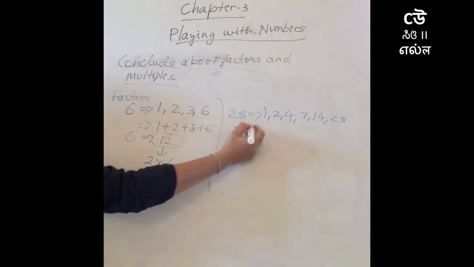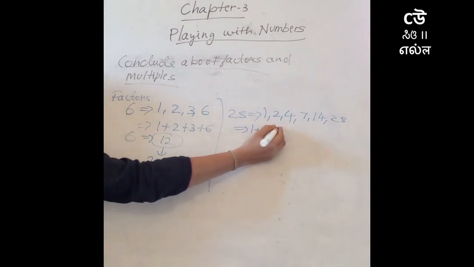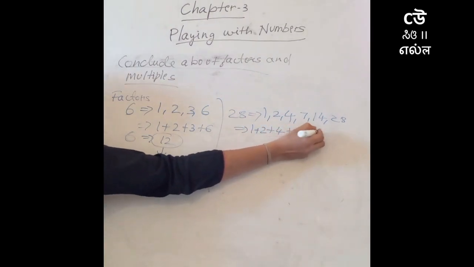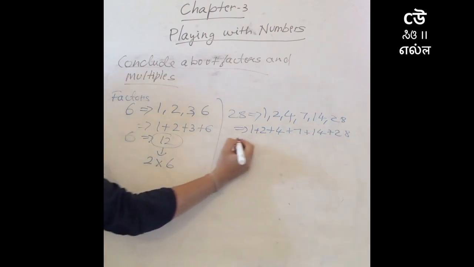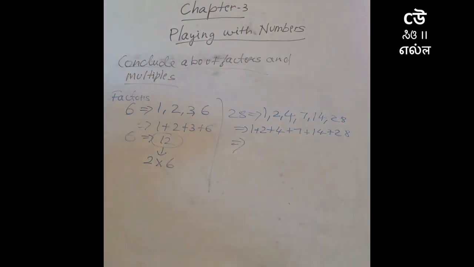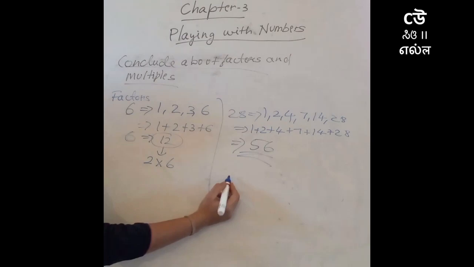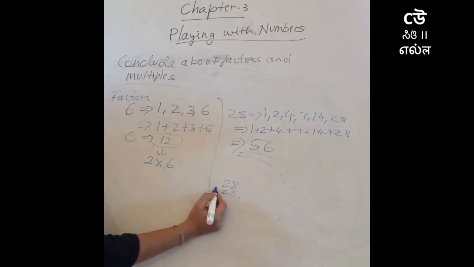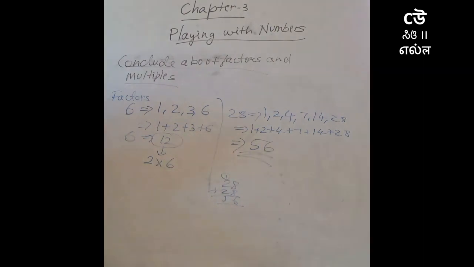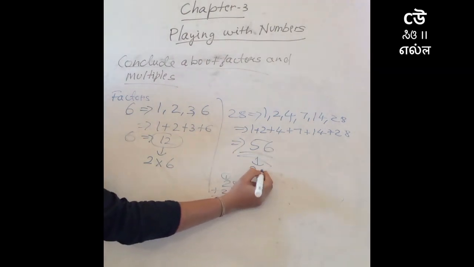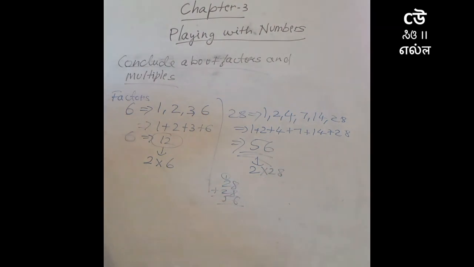Next, if you add all the factors, that is 1 plus 2 plus 4 plus 7 plus 14 plus 28, what is the answer you will get? The answer you will get is 56. So if you add 28 plus 28, what will you get, children? You will get 56 as the answer. So 56 we can write as twice 28.